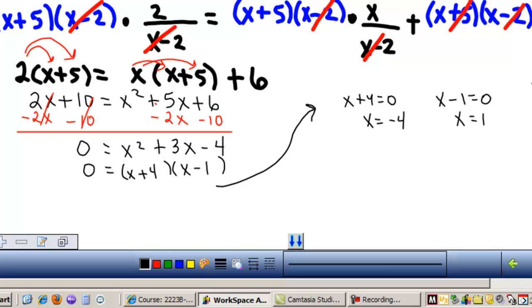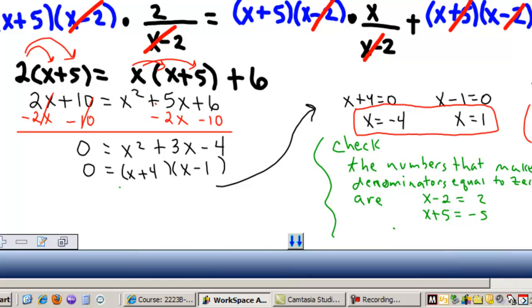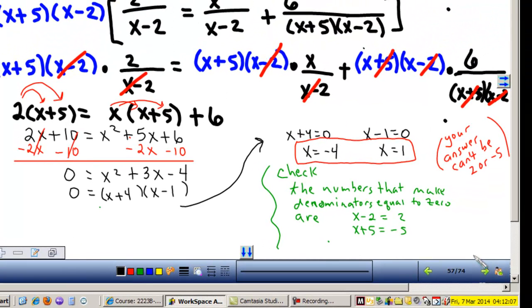Remember to check the solution for extraneous answers. We need to check the numbers that make the denominators equal to 0. X minus 2 and x plus 5 are in the original denominator. 2 will make x minus 2 equal to 0, so the answer cannot be 2.